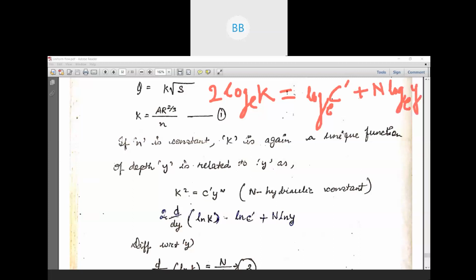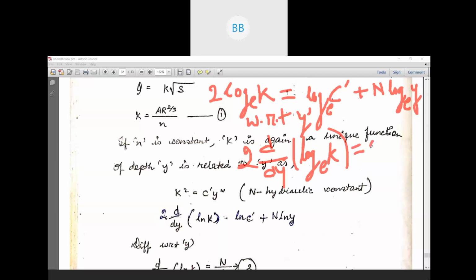Now we differentiate, so 2 will be there. Differentiating the above equation with respect to y, d by dy of log A. This will be similar to your first one.